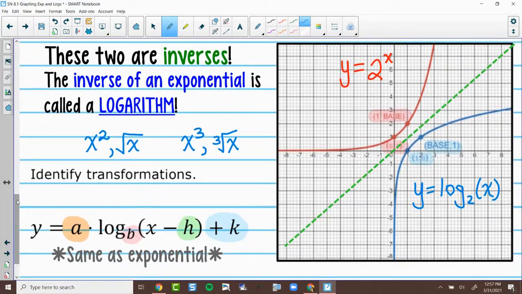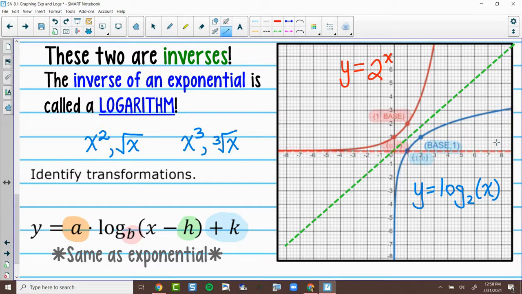You also have the same rules for transformations. A is still going to be your vertical stretch, compression, and flip. You still have the option to shift left and right, and you still have the option to add up and down. On our exponentials, we had a very nice horizontal asymptote at y equals our number.